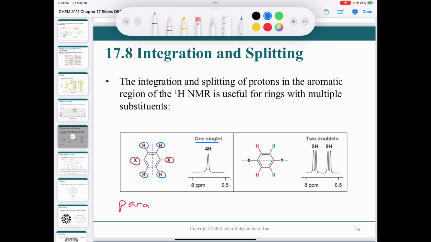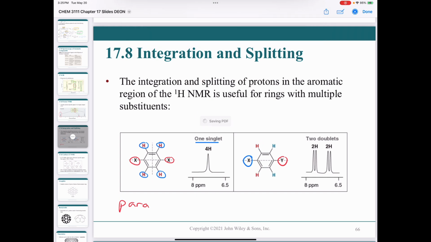On the other hand, if we have para-substitution and we have 2 different groups, X and Y, in that case, we're going to get 2 signals. Why? Because these 2 protons are going to be chemically equivalent, so they don't split each other. They're too far away anyway. And these 2 protons are going to be chemically equivalent. And so what are we going to see? We're going to see 2 doublets, right? This proton is split by 1 proton, so it gives you a doublet.